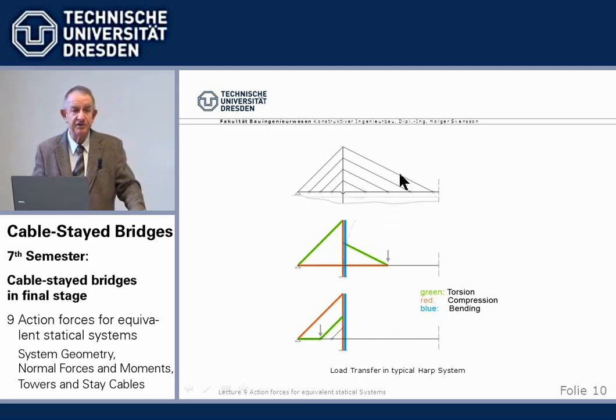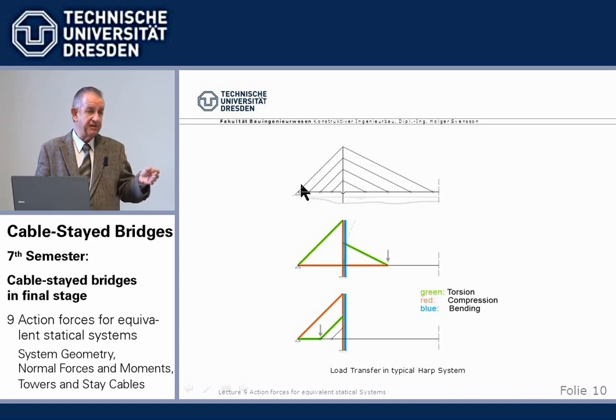A little bit different if we have a harp configuration, where you remember the cables do not run together but parallel. They still have to be anchored in the backstay, because the beam here has no bending or very little bending stiffness, so the cables are not anchored to the beam, only here. Okay, there we need the bending stiffness of the tower.